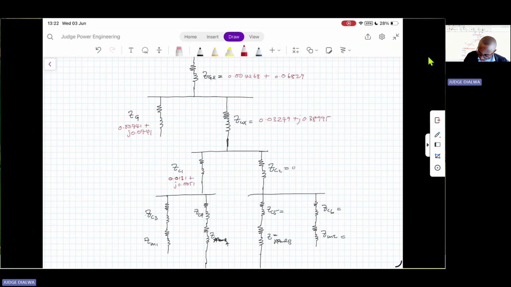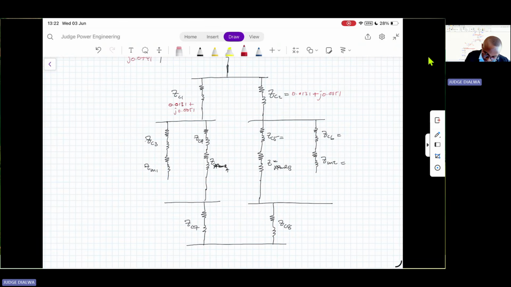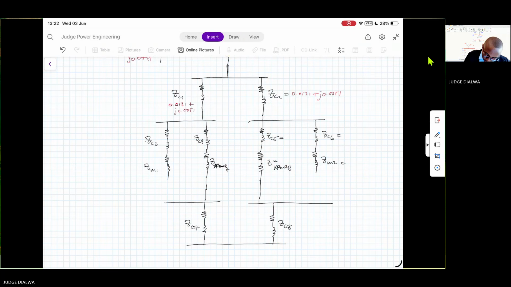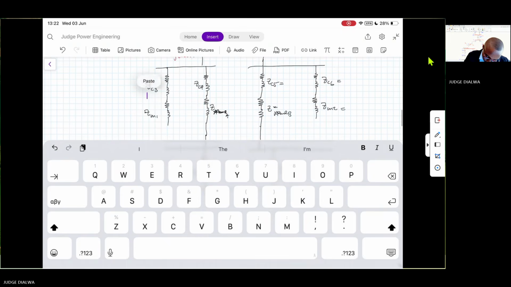Same applies to C2, 0.0131 plus J 0.0054. Same applies to C3, C4, C5, and C6. Right.